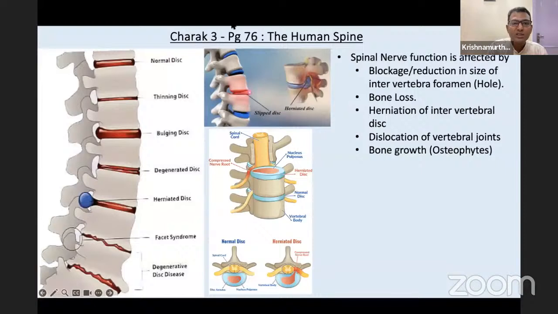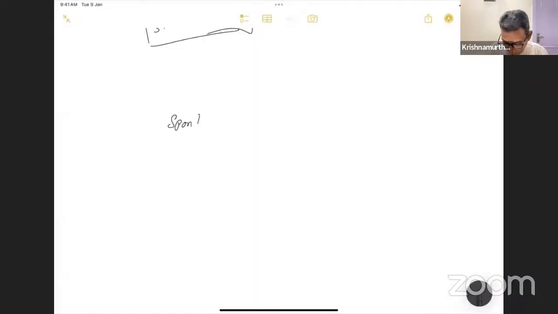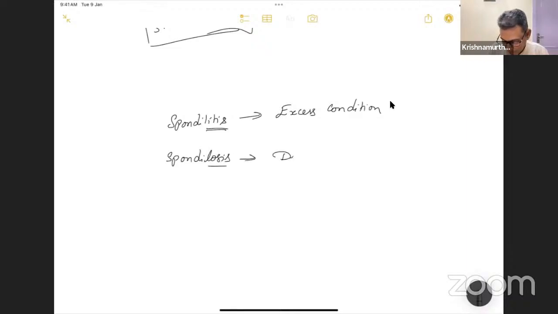The more questions you ask, the later I will end the class. Spondylitis, itis, is excess condition. Okay, spondylosis, this is deficient condition.